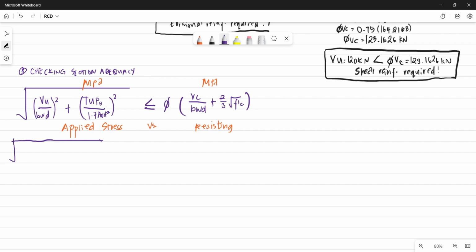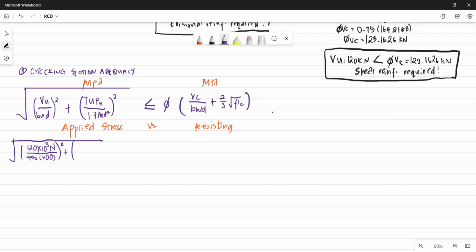Okay, your VU, that is 120 times 10 raised to 3 in terms of Newton divided by 400 times 600, in terms of mm squared, plus TU.